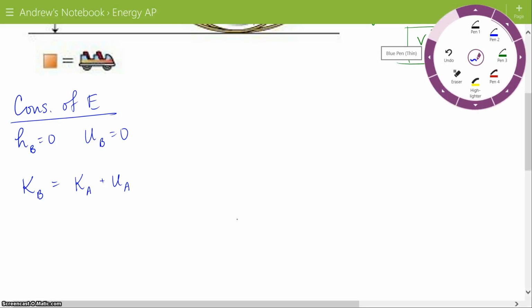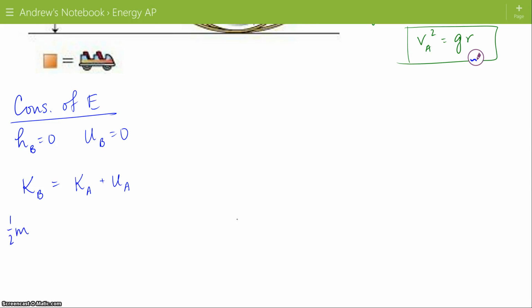So go back to my blue here, and I'm going to start substituting in: 1/2 m v_B squared is 1/2 m v_A squared plus m times g times the height at A. Okay, so 1/2 m v_A squared, you can still see at the top right of the screen, is equal to gr.